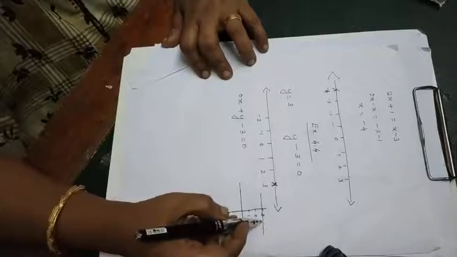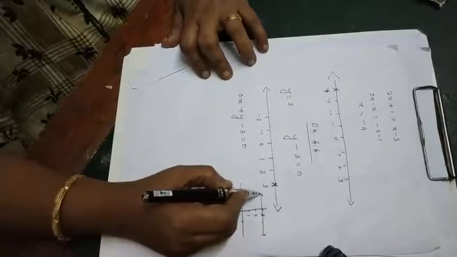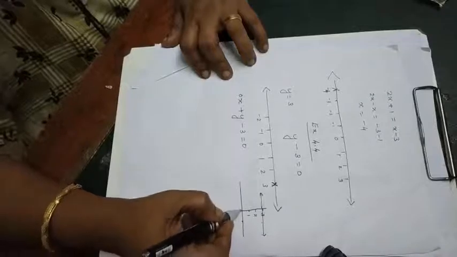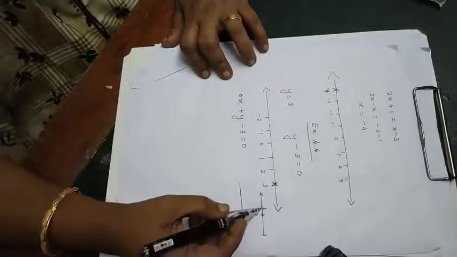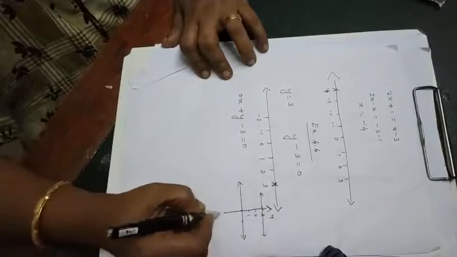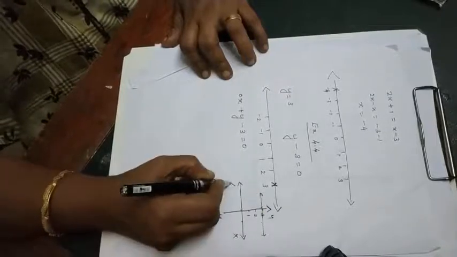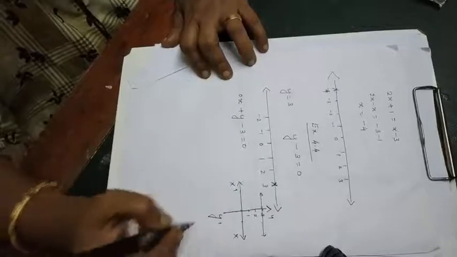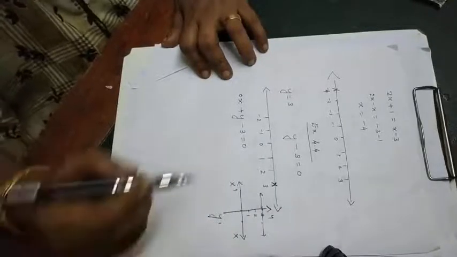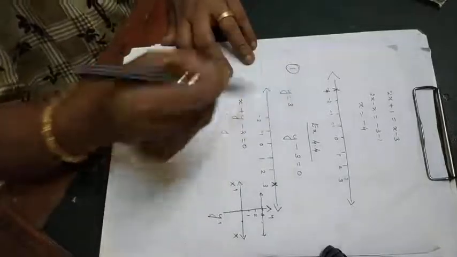So you have to draw that one in your graph book. Okay, y equal to 3 will be a line parallel to our x-axis. This is y. So y equal to 3 is a line parallel to x-axis. That is the first question.